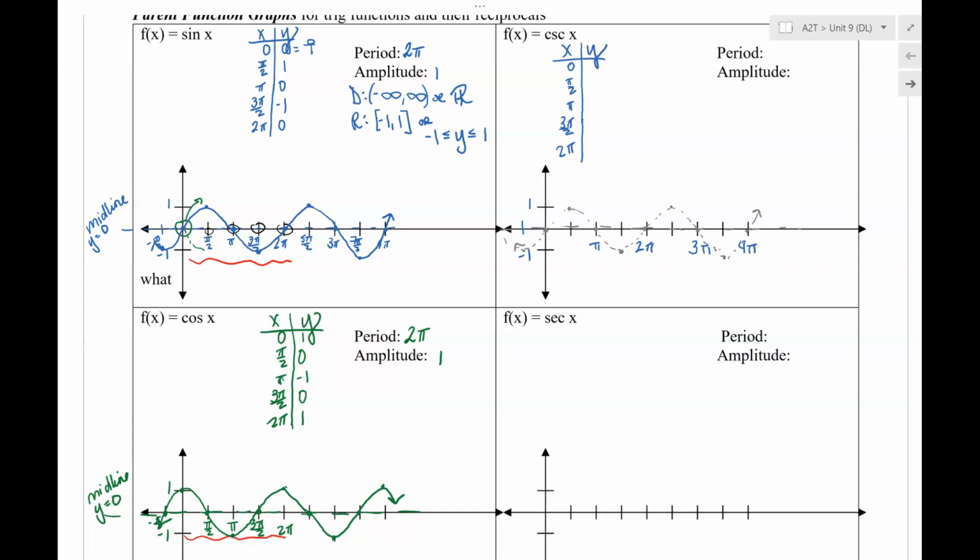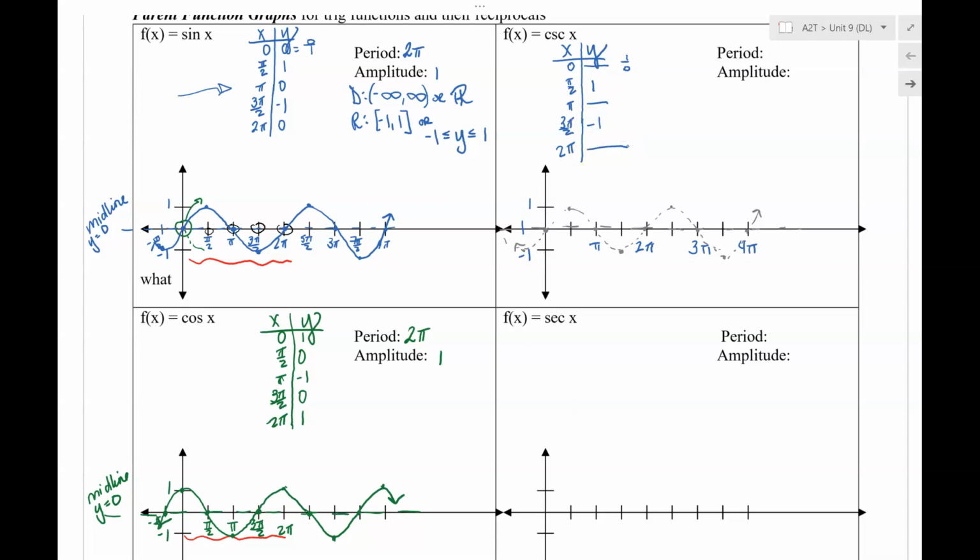But we know that we cannot have a 0 in the denominator, so this becomes an asymptote. Why? Because it's 1 over 0. Pi over 2, 1. The reciprocal of 1 is 1. Pi, 0. Remember, I'm just going back to these guys. Pi, 0. Again, we have an asymptote. The reciprocal of -1 is -1 and so forth.